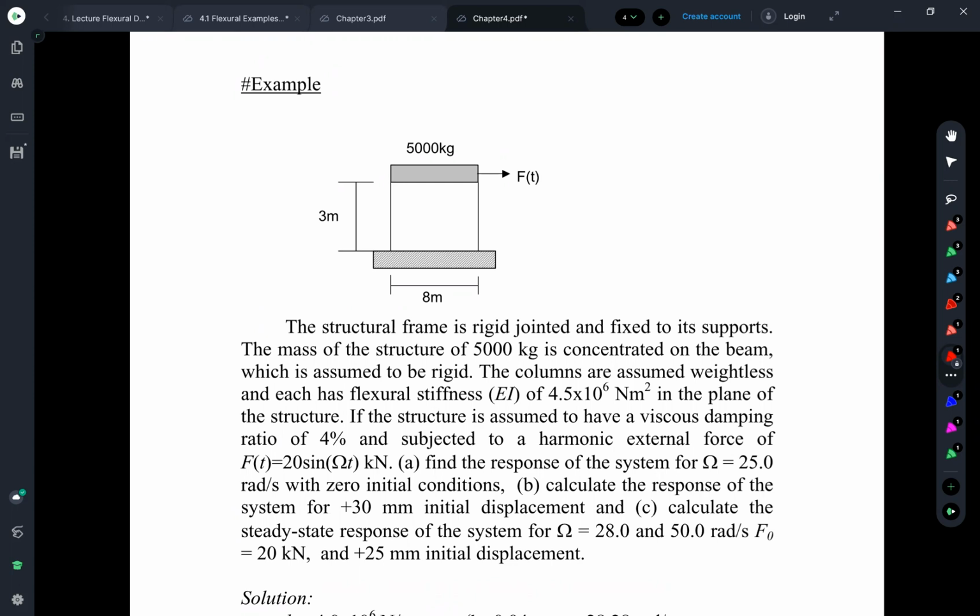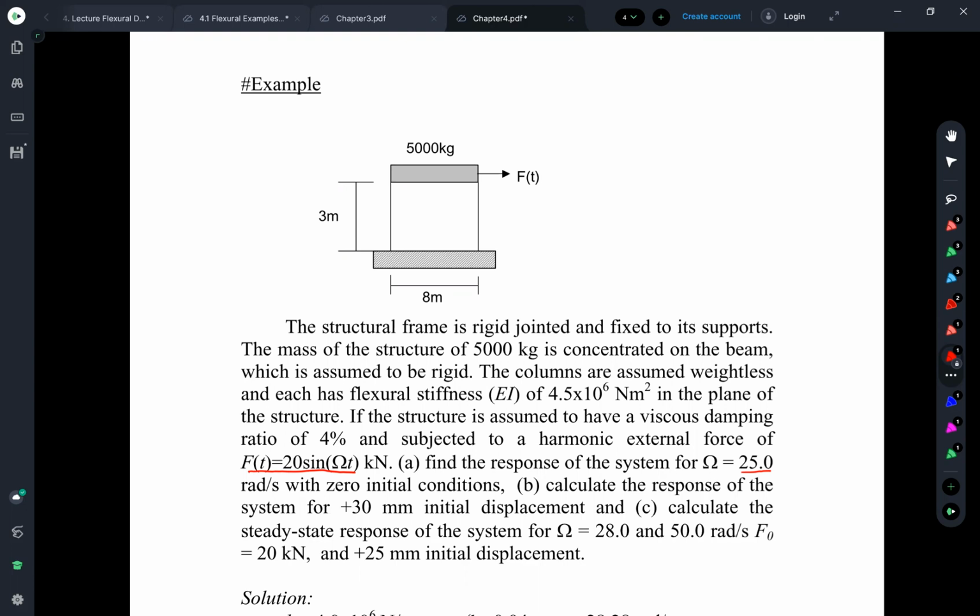You see the column stiffness is given. The viscous damping is assumed to be 4% and it is subjected to the harmonic force of 20 sin Ω t. The unit is kilonewton. A, find the response of the system if Ω is 25 radian per second with zero initial condition.